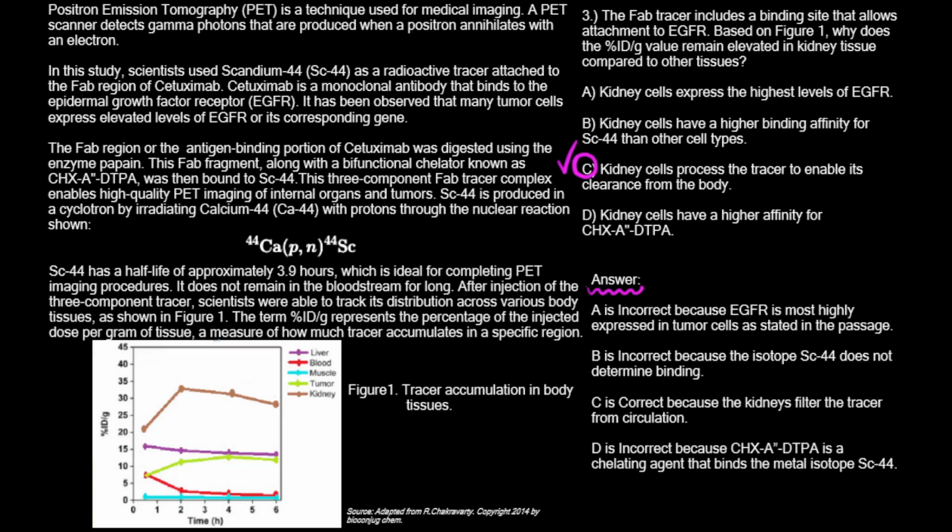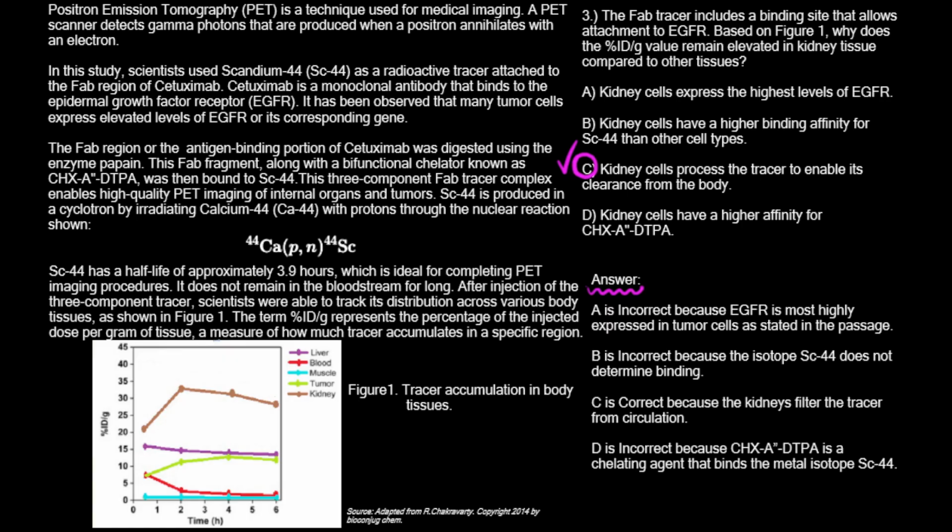So option C is correct because kidneys process the tracer to clear it from the body. Kidneys filter blood, removing waste, so it makes sense that the tracer levels would stay higher in the kidneys. Option D states kidneys would have a higher affinity for the chelator, the CHXA DTPA.